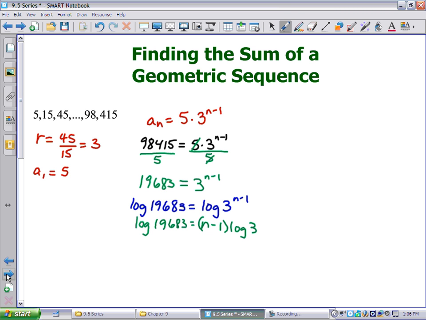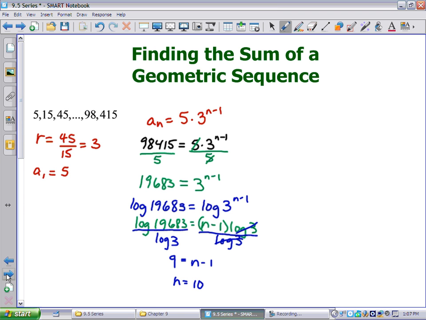And then divide both sides by log of 3, so that these cancel over here. And the log of 19,683 divided by log of 3 is going to give you 9, and that's equal to your n minus 1. And when you add 1 to both sides, n is going to come out to be 10.